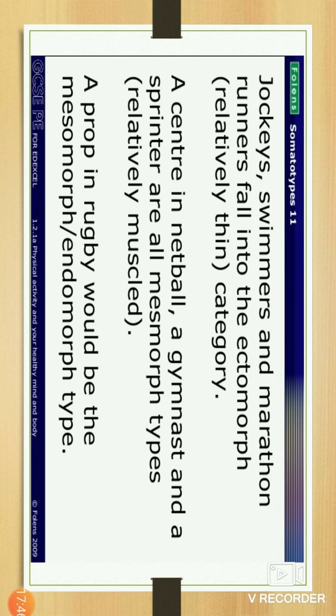Jockeys, swimmers, and marathon runners fall into the ectomorphy category. A center in netball, a gymnast, and a sprinter are all mesomorphic type. A prop in rugby would be the mesomorphy type.